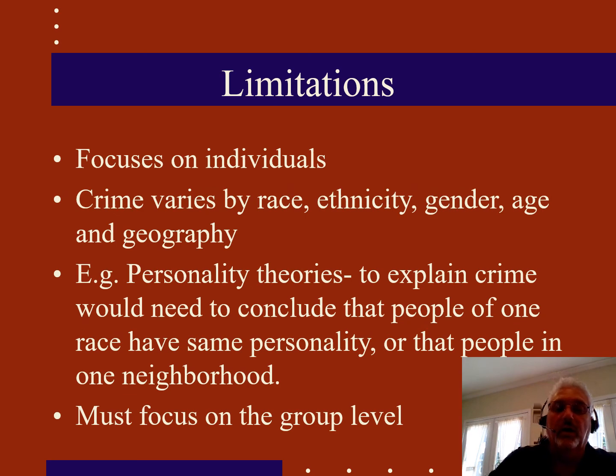All right. So while I like psychological theories of crime, here's my biggest concern about them and why I think we have to push on to understand more. The number one issue here, and I'll just circle it, is that psychology focuses almost exclusively on individuals.